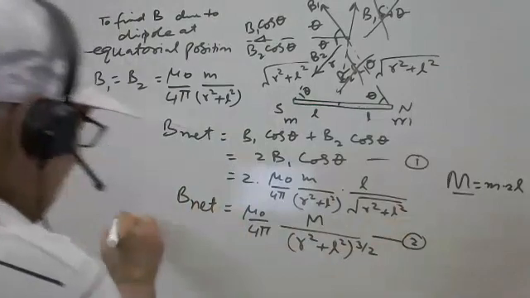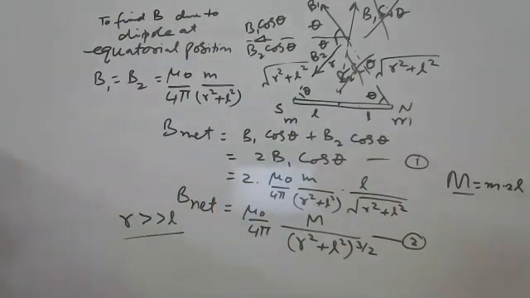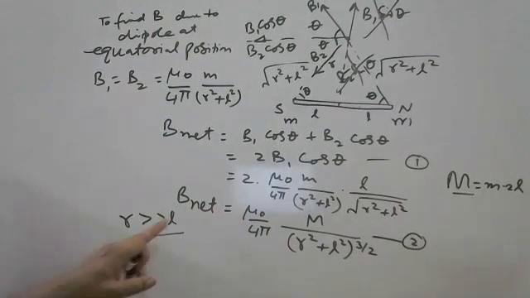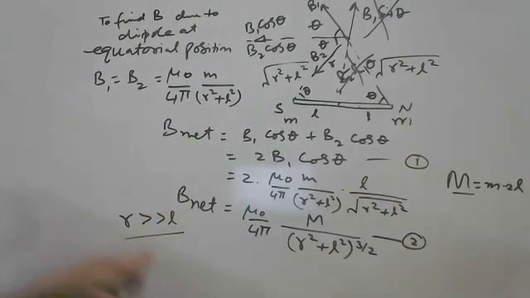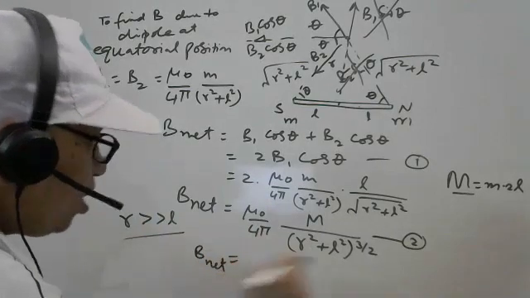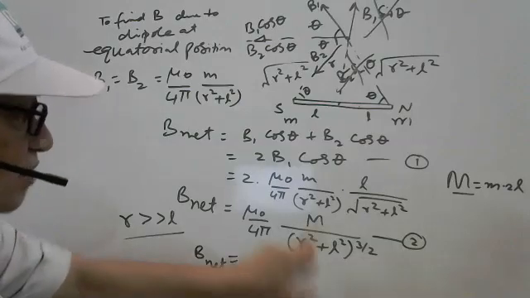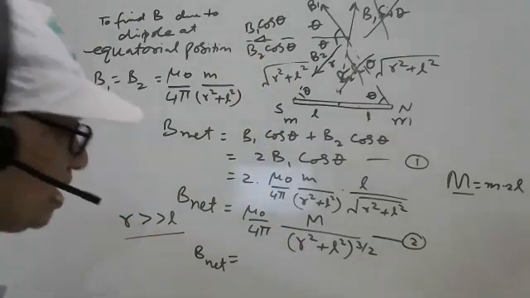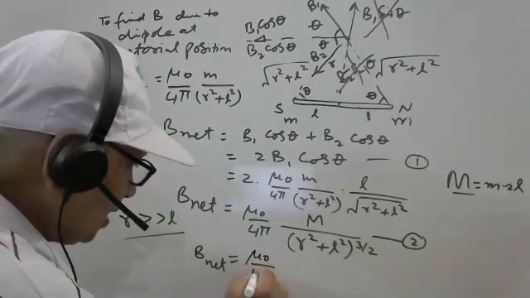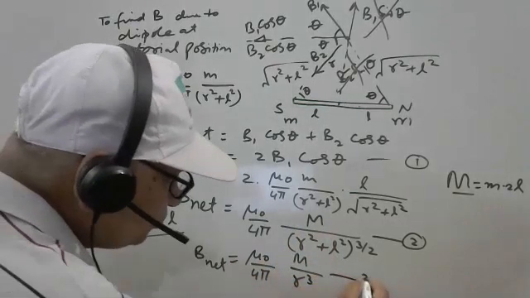If again R is greater than L, L square can be neglected. L square can be ignored because L is very small in comparison to R. Then we can write simply M upon R cube.